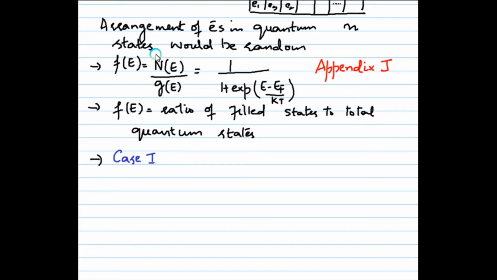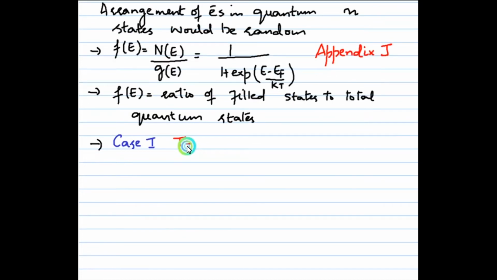Now we'll try to assume some conditions. Let us suppose case first, for temperature equal to 0 Kelvin. Now when temperature T is 0, we will simply substitute this absolute temperature as 0 in f of E. It will be 1 upon 1 plus exponential of E minus EF upon 0.